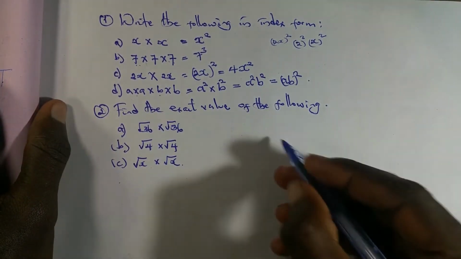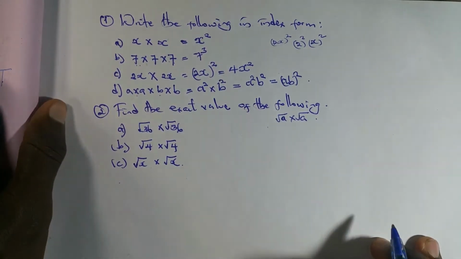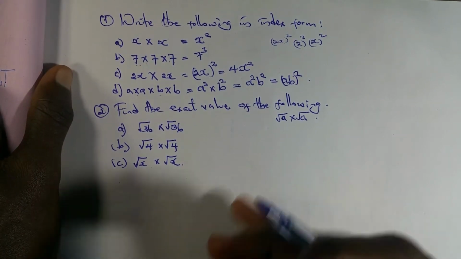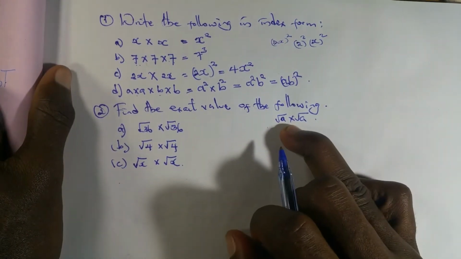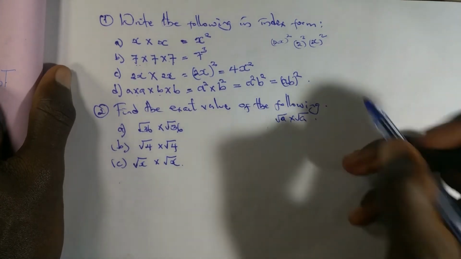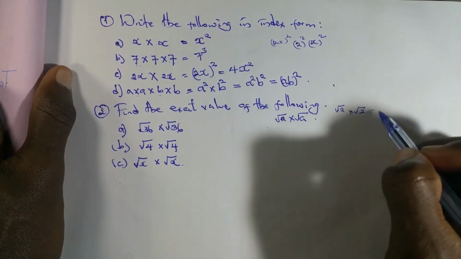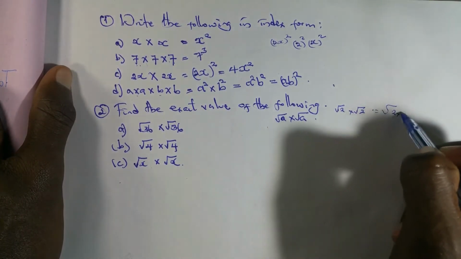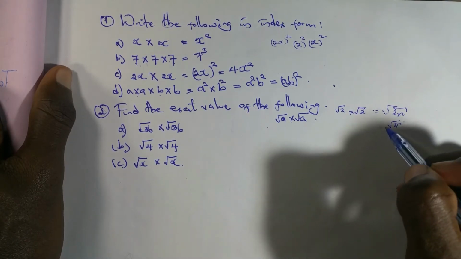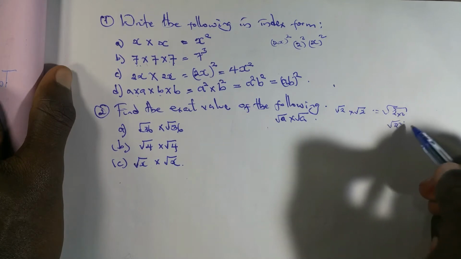Now for this case, we are reviewing what we said in our introductory work when we were introducing surds. We had rules showing that if the root of the same number is multiplying itself, let me say root of 2 multiplying itself, it is the same as saying root of 2 times 2, the same as root of 2 squared, which actually will become 2, because if you get the root of 2 squared, it becomes 2.